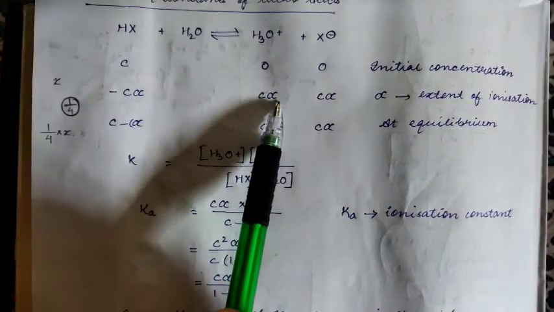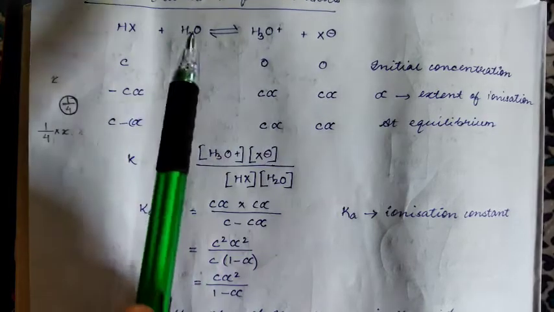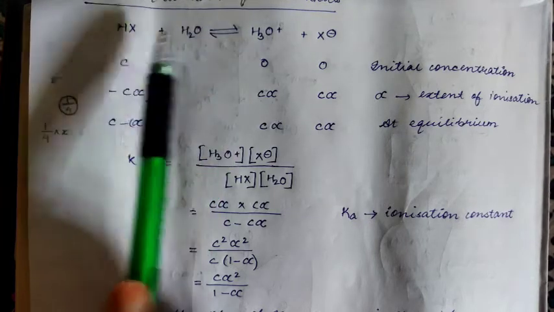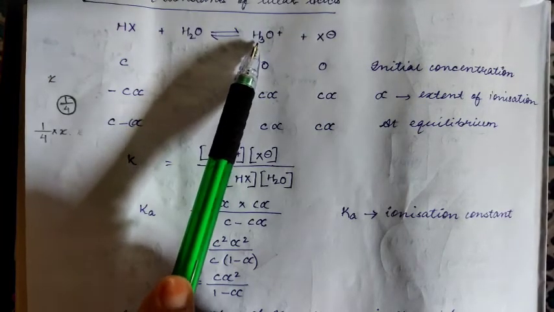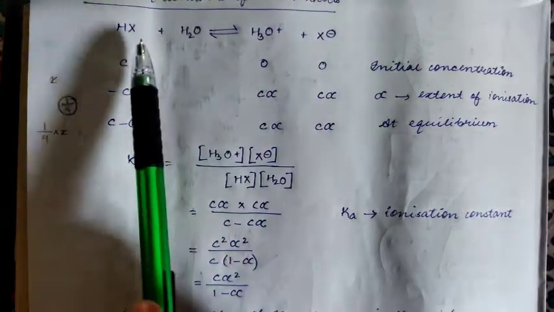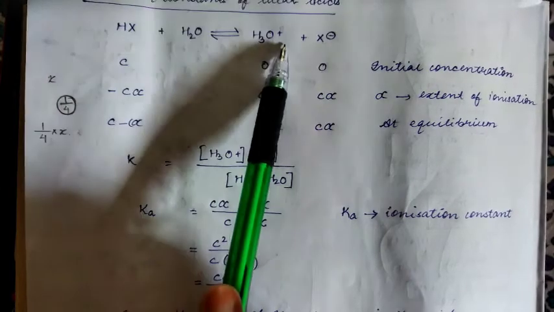If C alpha is the number of ions formed as products, then that many molecules have to be lessened from here, right? Because from the reactants only, the products are forming. If 5 molecules of hydronium ion and X minus are forming, then 5 molecules of HX should also leave this side, then only products will form.